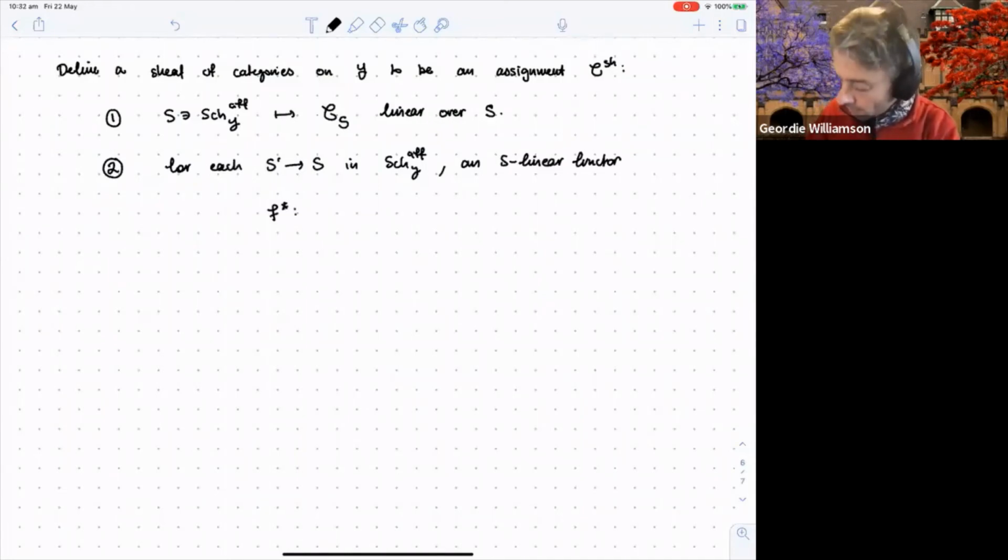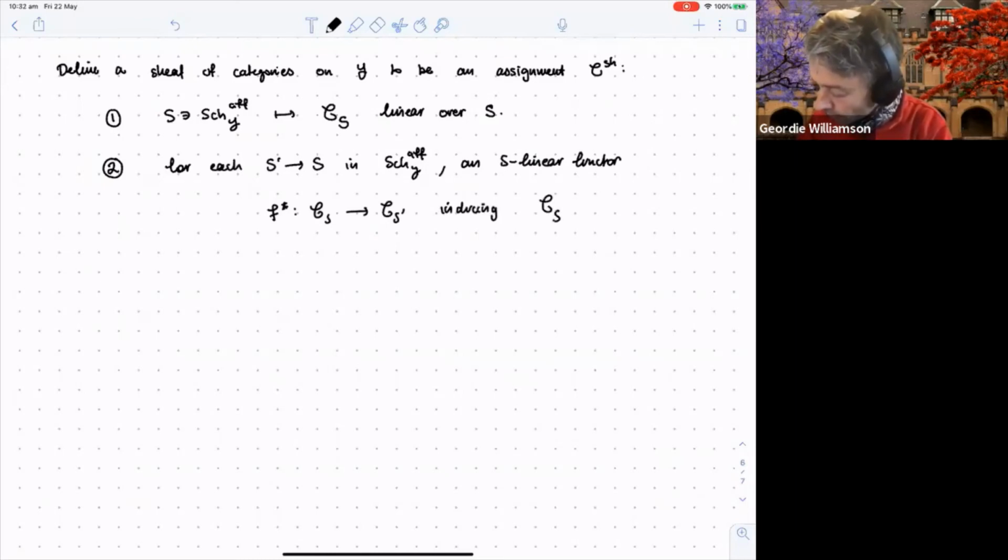F upper star, inducing an equivalence if we base change CS.